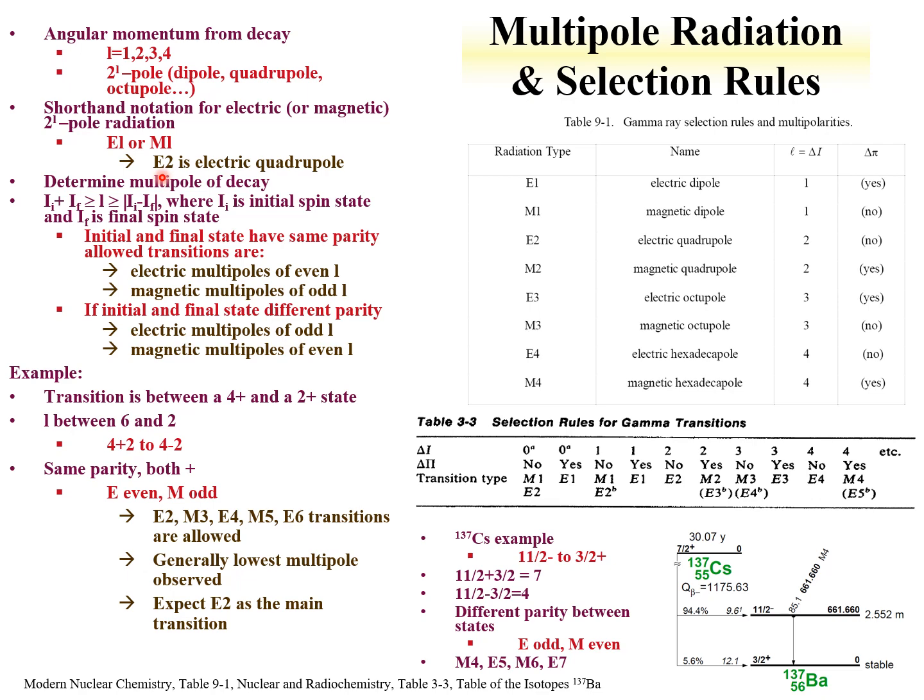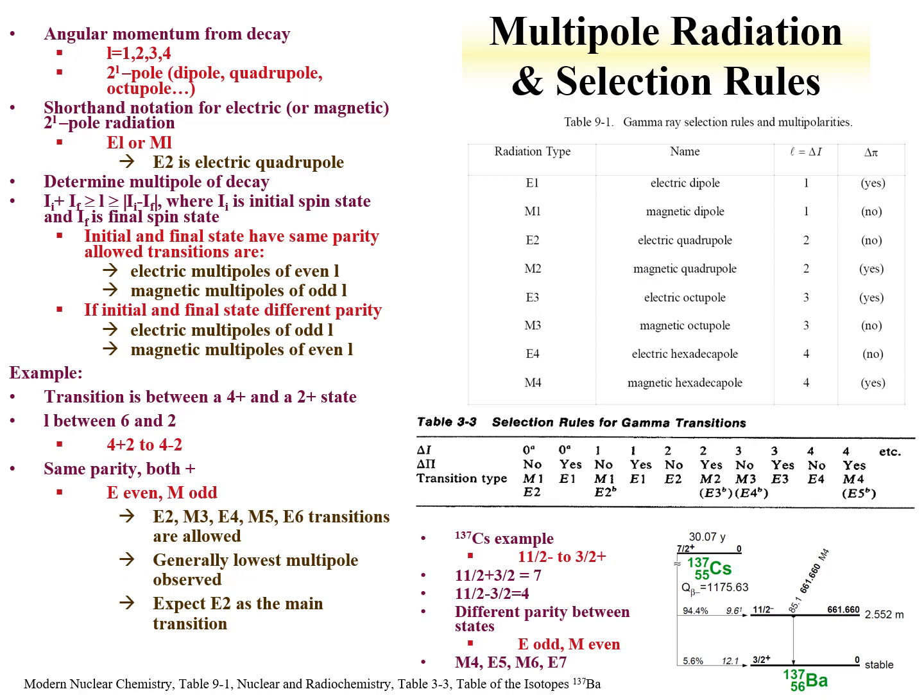So for instance, an E2 we'll call an electric quadrupole. Those are shown over here. E1 is electric dipole, and M1 is magnetic dipole. E2 is an electric quadrupole, M2 magnetic quadrupole, etc.